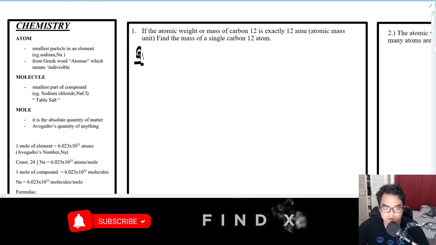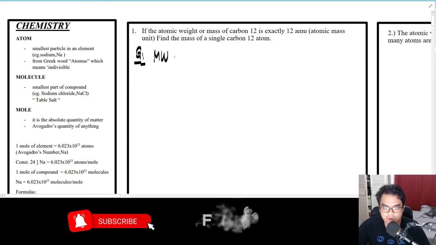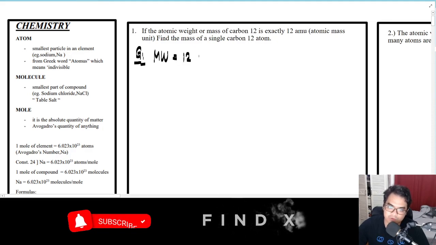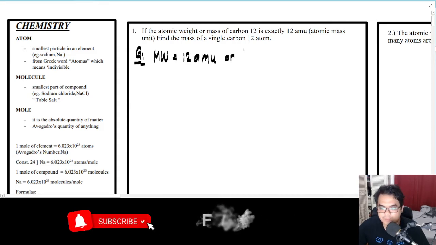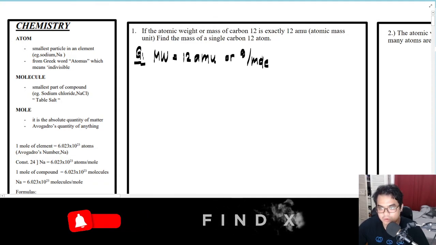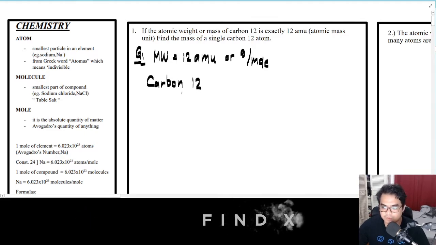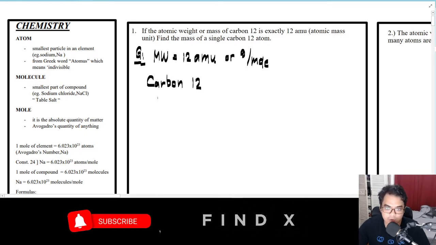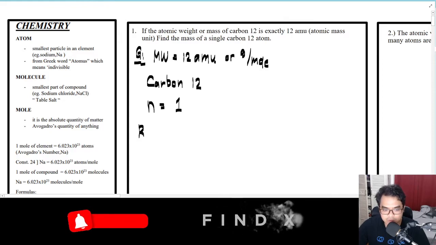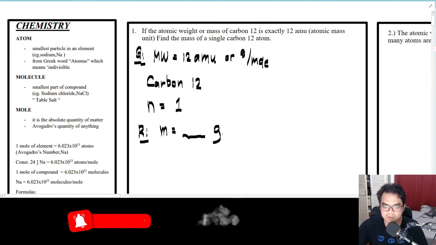The molecular weight of the atom is 12 AMU, or you can also make this gram per mole. That is carbon 12. We are asked to find the mass of a single carbon 12 atom, therefore our N is equal to 1. And we are required to find the mass, so it should be in grams.